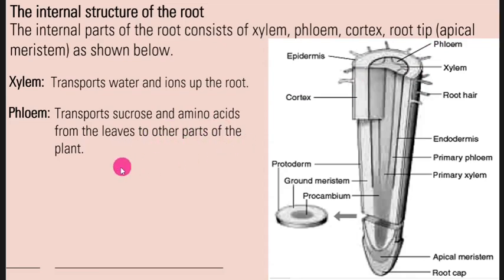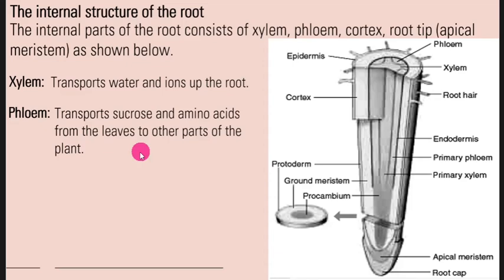Now, what happens in the leaves? Leaves make food for plants by photosynthesis. Once this food has been made, it needs to be transported to each and every part of the plant that needs it for energy and also for growth.